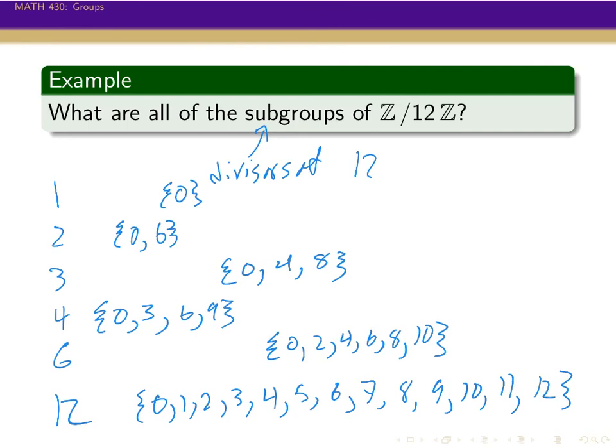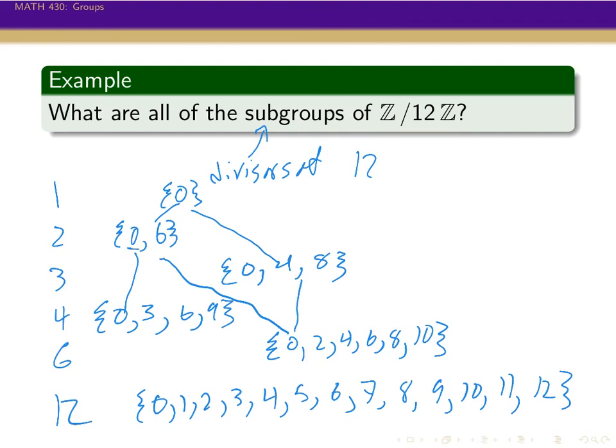And what's interesting about this is that if you look at these divisors down on the left, if something divides a number further down, then its subgroup is actually a subgroup of that. So what do I mean by that? Well, 2 divides 12, but 2 also divides 4. And so if you notice, 0 and 6 is a subgroup of 0, 3, 6, and 9. 1 divides all of them, so 1 is a subgroup of all of them. 2 also divides 6, and 3 divides 6.